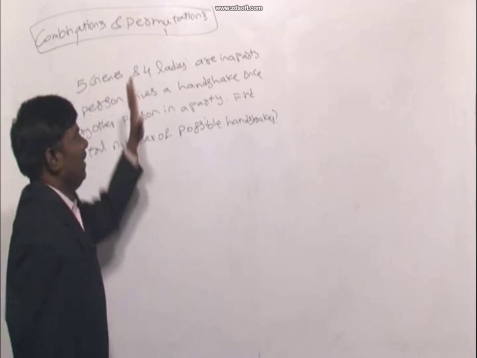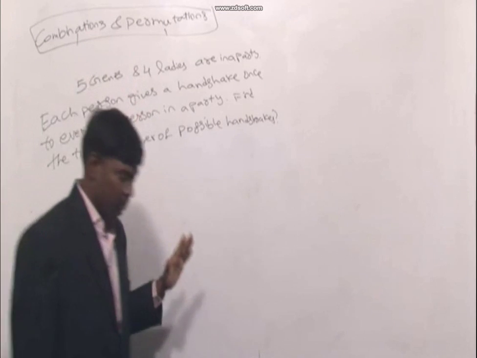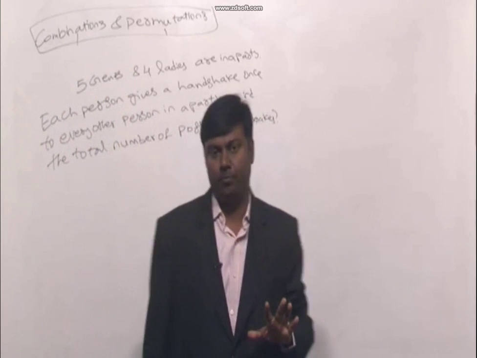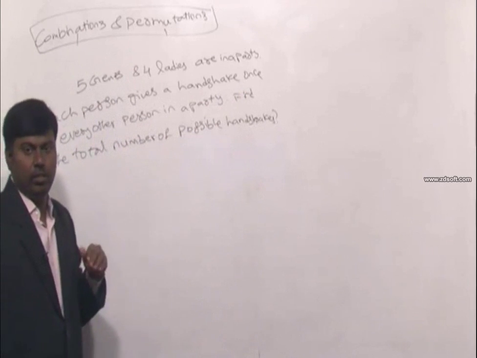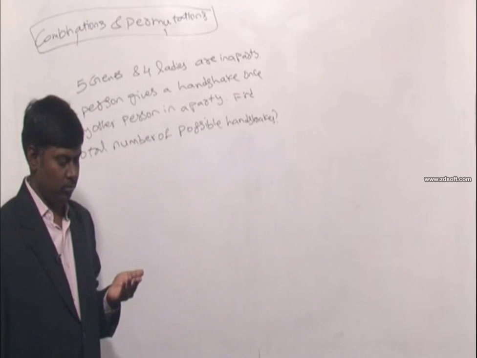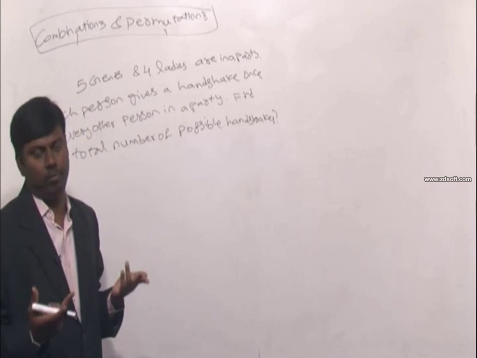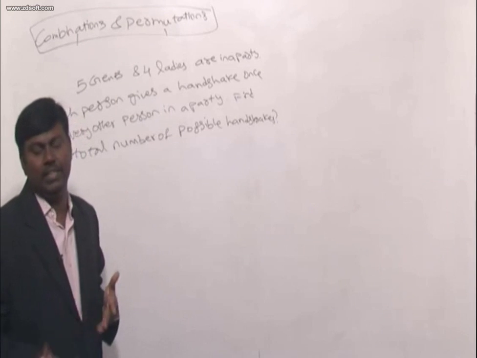Okay. 5 gents and 4 ladies are in a party. Each person gives a handshake once to every other person in the party. You want to know how many possible handshakes. Right. Now, for a handshake to happen, you need 2 people. Right? So, if you have 2 people, a handshake is possible.